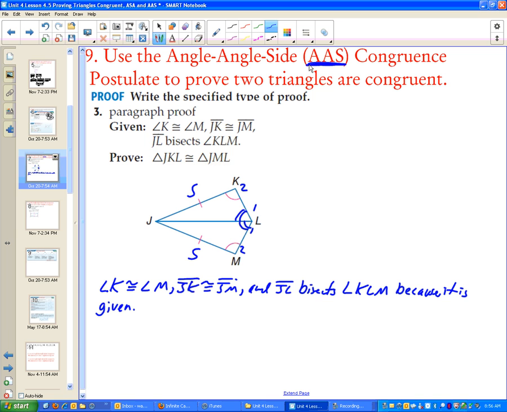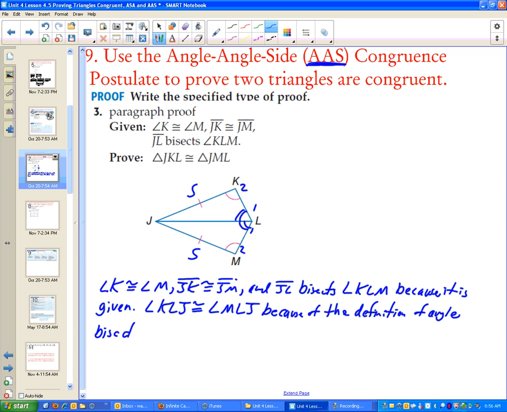We want to say those two angles are congruent. So angle KLJ is congruent to angle MLJ because why? Because of the definition of angle bisector.